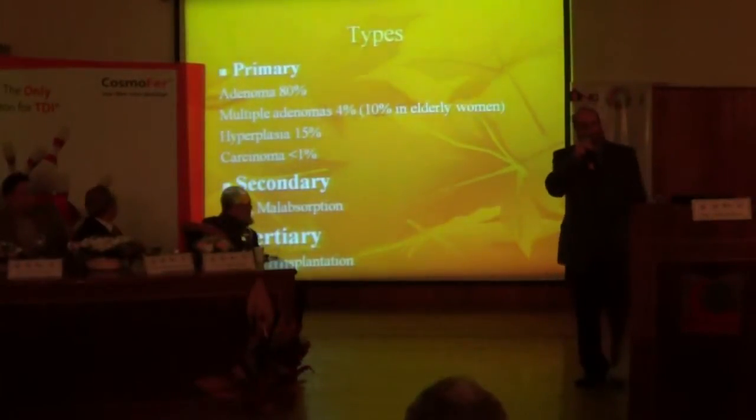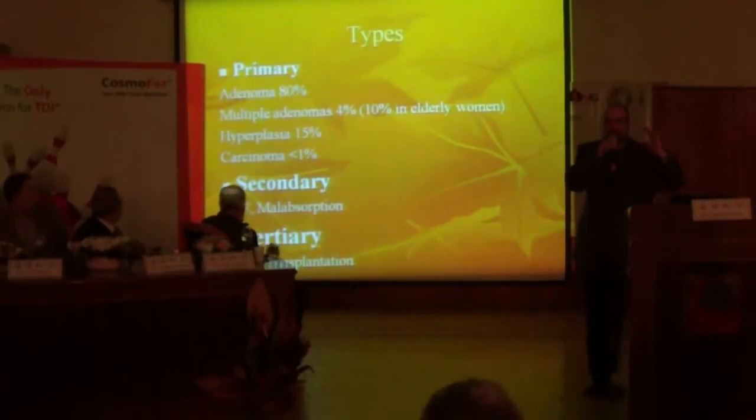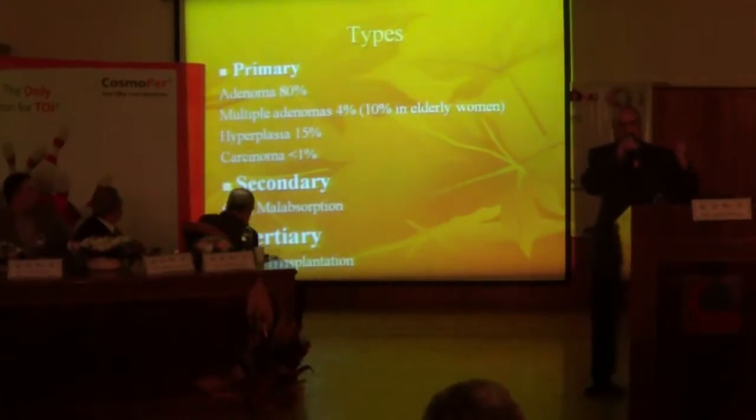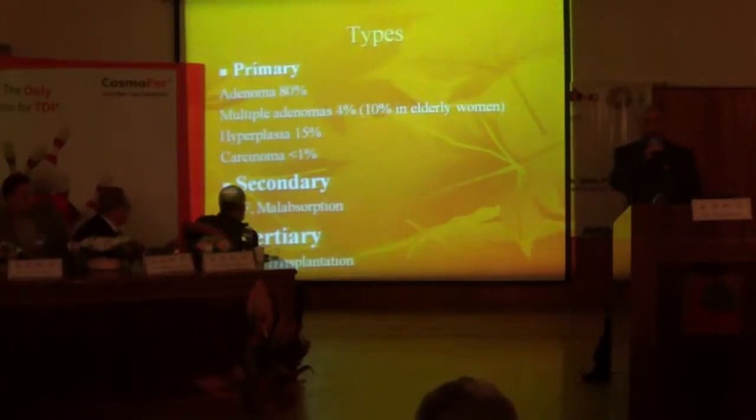This is traditional teaching, primary, secondary, and tertiary. I will not dive in the deep sea of definitions and explanations, because we don't need it. But from the primary point of view, 80%, what does it mean? It means 20% could be multiple adenomas, could be hyperplasia.